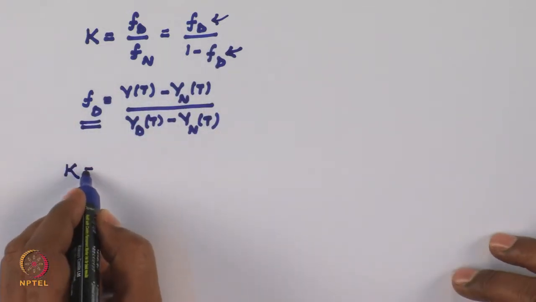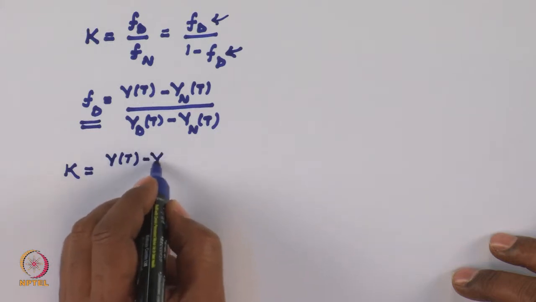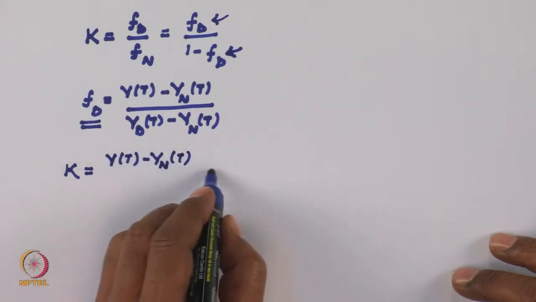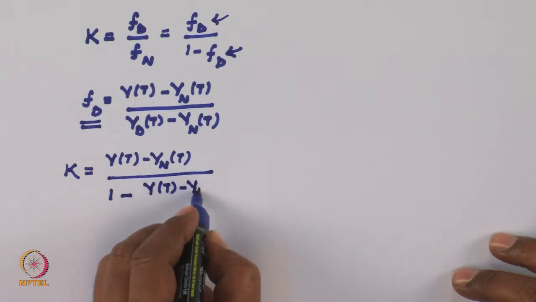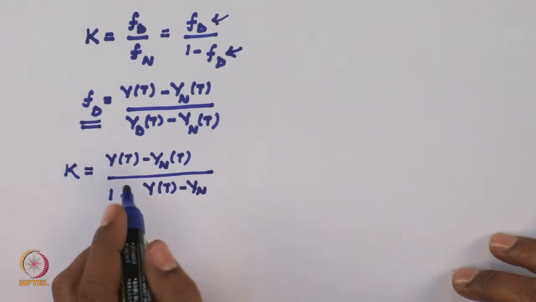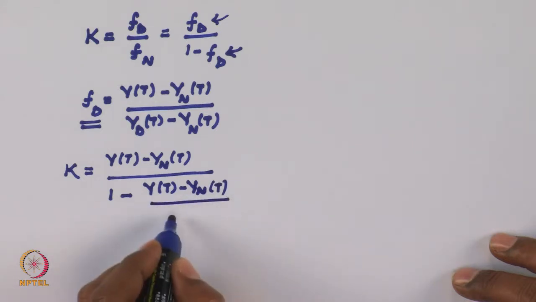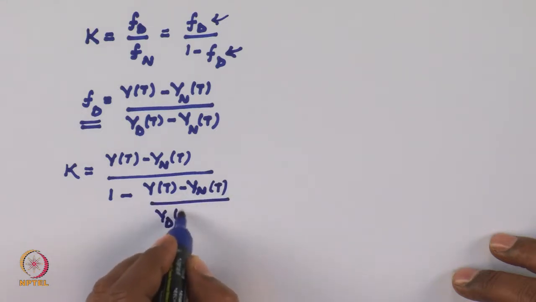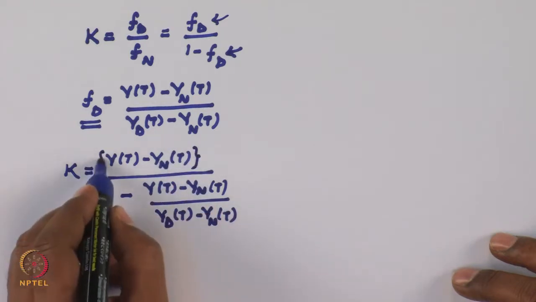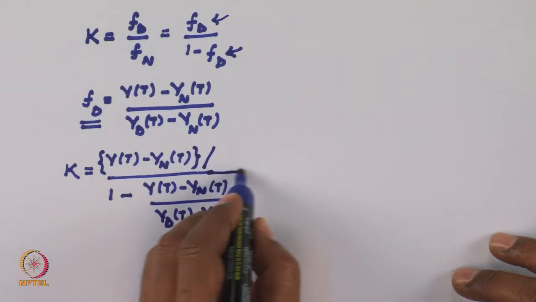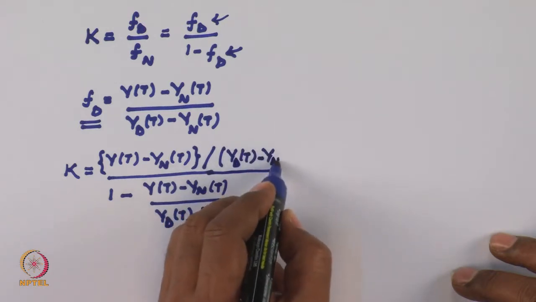K is equal to Fd, which is Y at T minus Yn at T over 1 minus Y at T minus Yn at T, divided by Yd at T minus Yn at T. So, obviously, this also has a division by Yd at T minus Yn at T.